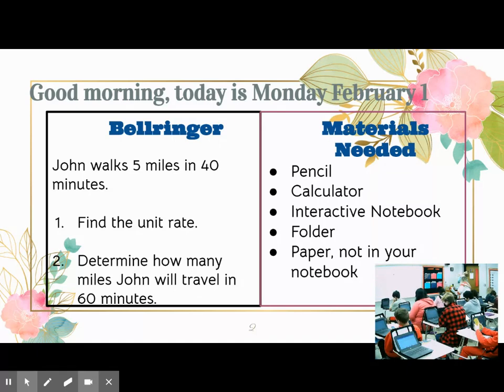So like 1 to 3 would be equivalent to, that should say 2 to 6. Okay, and how I know that they're equivalent, 1 times 2 is 2, 3 times 2 is 6, so you multiply them by the same number. And get your folder, let me show you some examples. I'll be doing more examples on your paper.